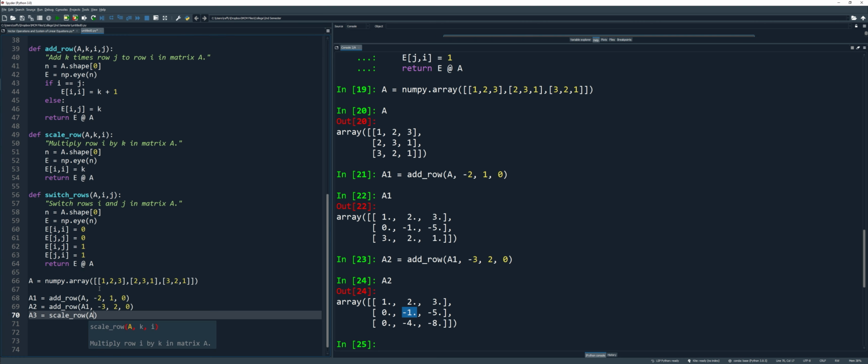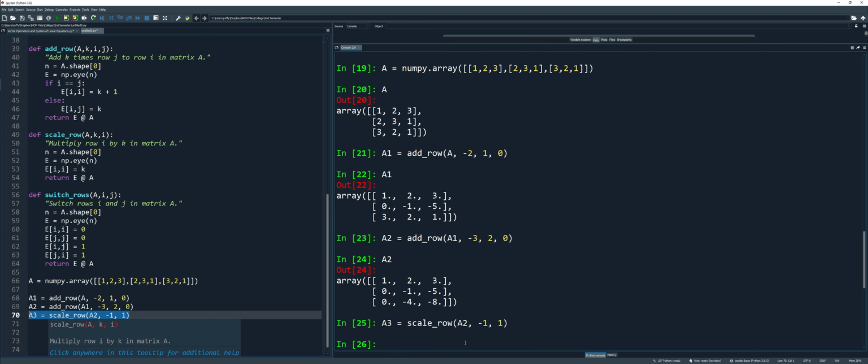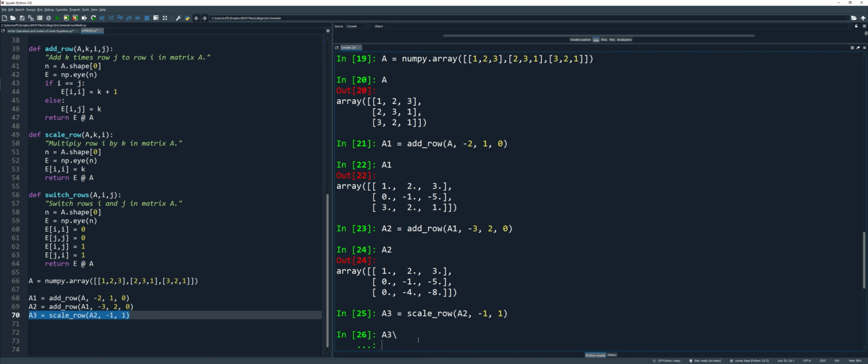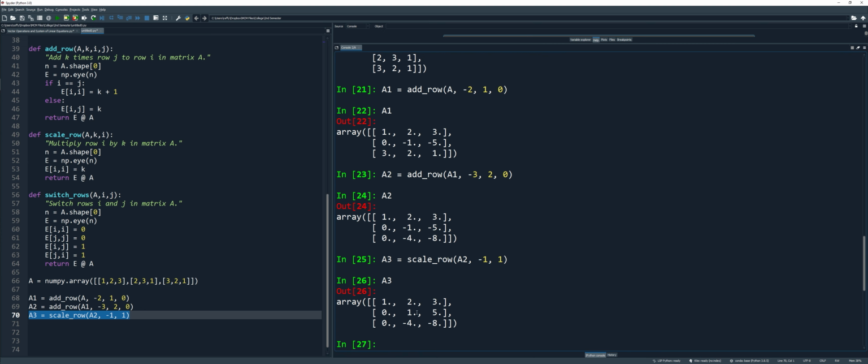So I will now input A2 and multiply this row by -1 to make this +1. And the row I is row 1. So run the code and check. A3. There you go. So it becomes +1.